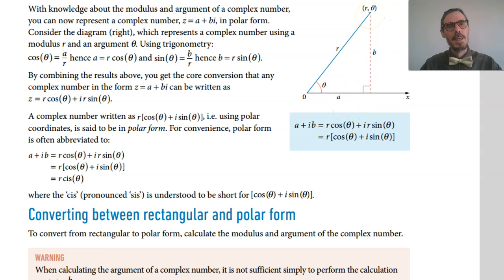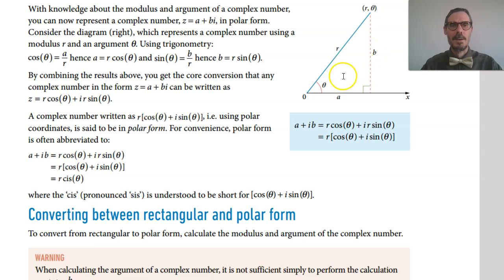If this number up here is a plus bi, and this here is my modulus, r, well, a here is the same as r times cos theta. And b here is the same as r times sine theta.